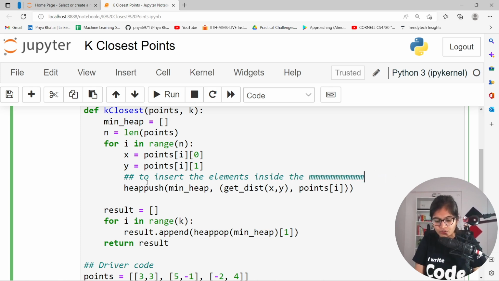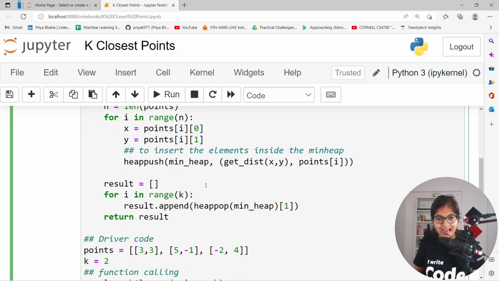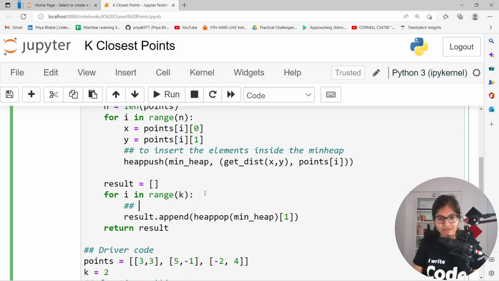And you all know how the insertion happens inside the min heap. Similarly, when I am doing a pop, this heap pop function is responsible for deleting the elements from the min heap.